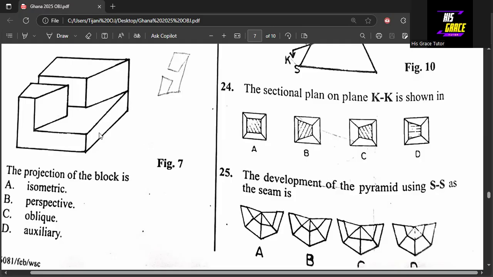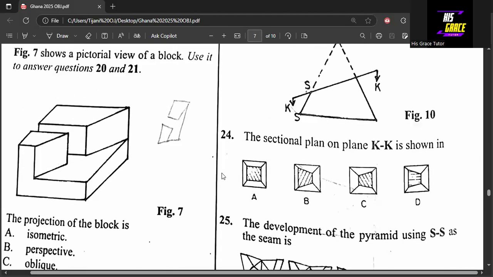Those three angles are used for oblique projection, but most times we make use of 45 degrees, as that is what you are familiar with as a secondary school student. So the answer here is oblique projection, option C for question 20.